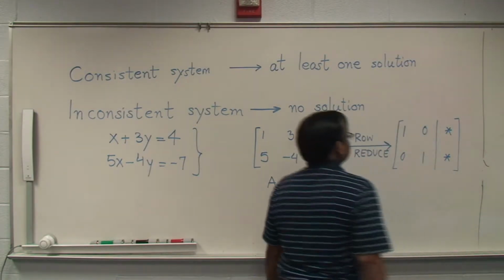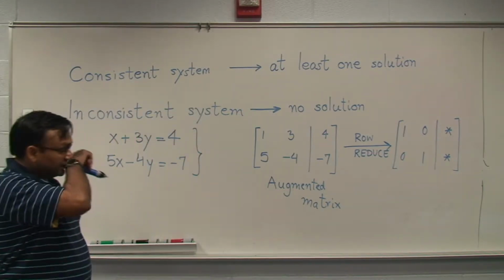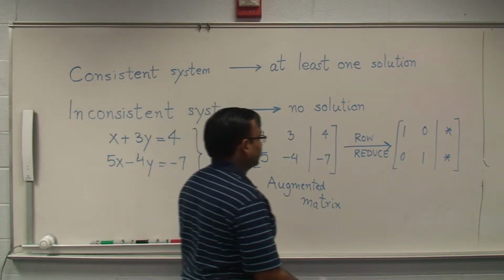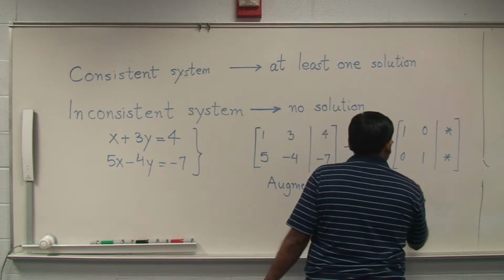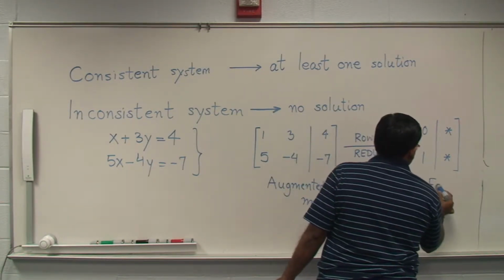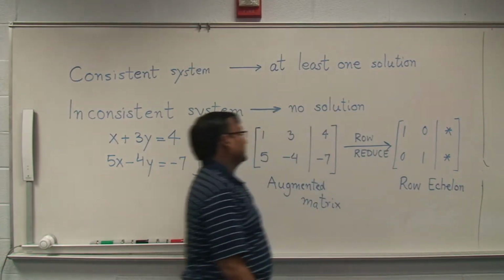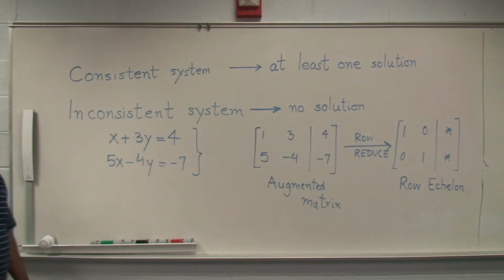These entries could be something. So this is what we had called as our dream matrix, but later on I introduced a term. We will call this as our row echelon matrix. So something like this we will call as a row echelon matrix, and we'll see if we can achieve this nice form.